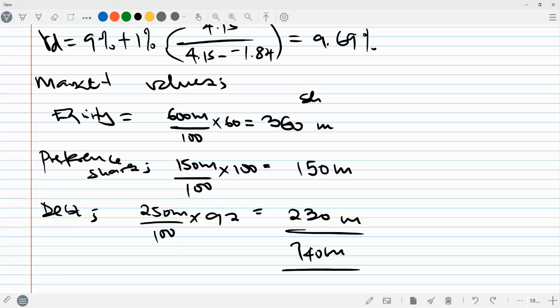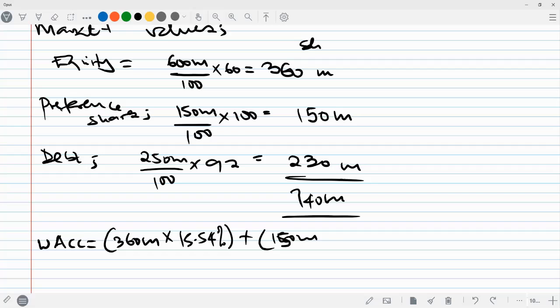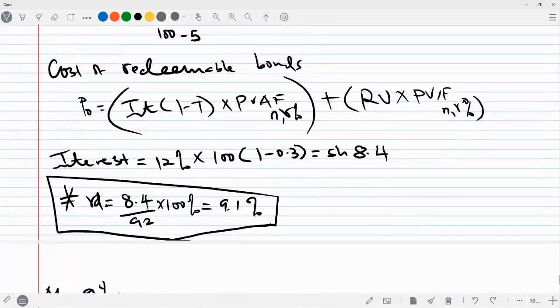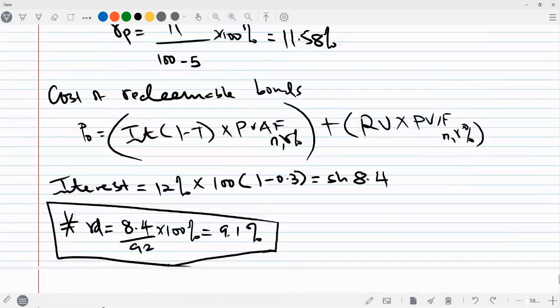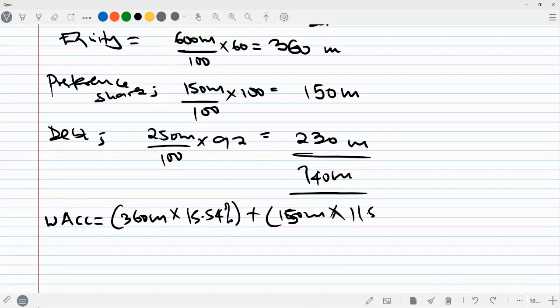You have the market value and the cost for each one of them, so we can get the weighted average cost of capital. Equity market value, 360 million, times the cost of equity, 15.54%. Market value of preference shares, 150 million, times the cost of preference shares, 11.58%.